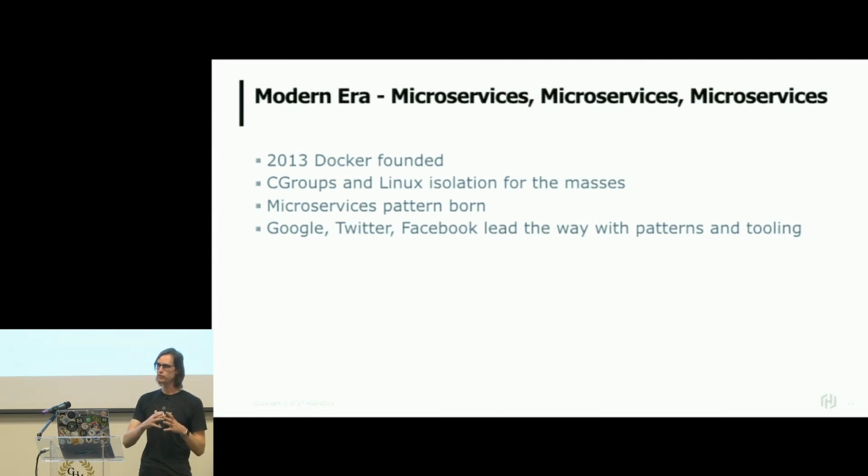It allowed us to further decompose our applications into microservices. And again, Google, Facebook, Twitter, they were kind of leading the way in this. Netflix too. I mean, Netflix has been fundamental in some of the patterns and the learnings that we've had.